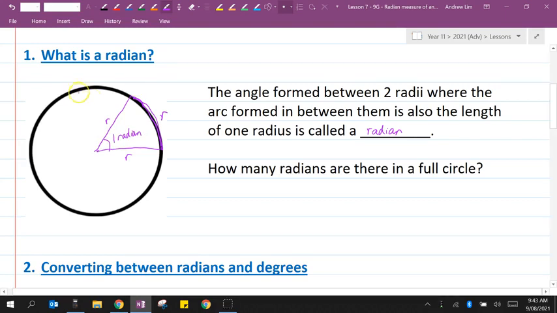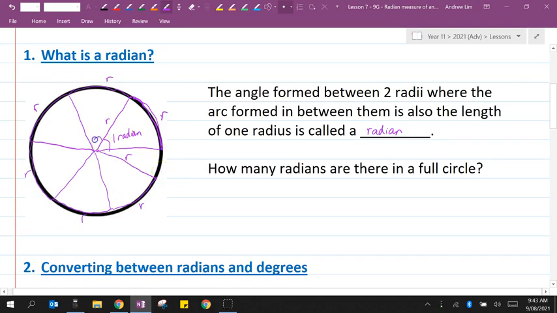If we were to continue this, that's another radius, and another radius, and another radius, and another radius, and another radius, and then there's a little bit left.